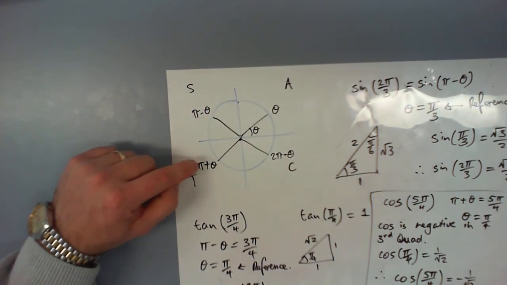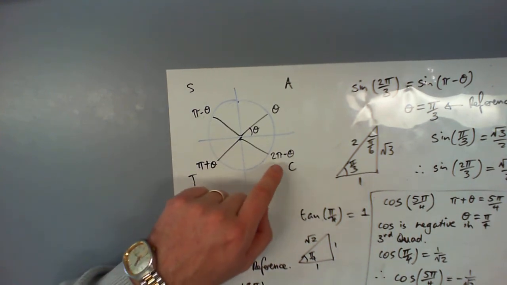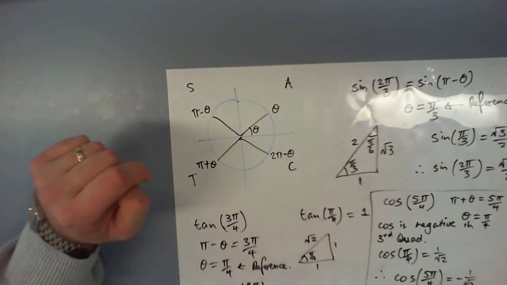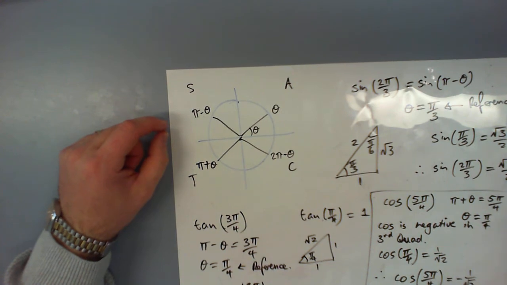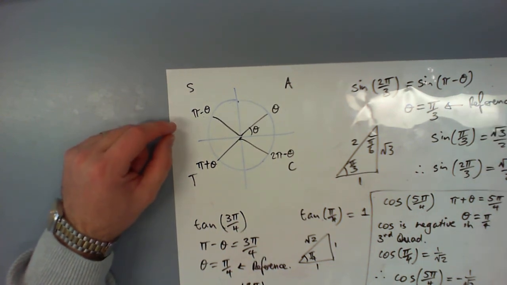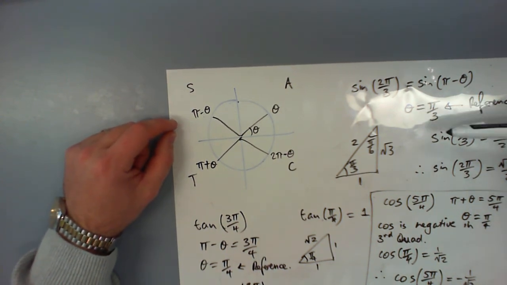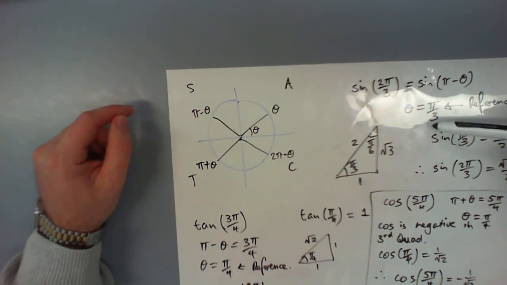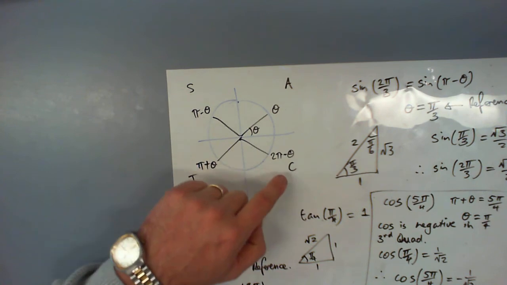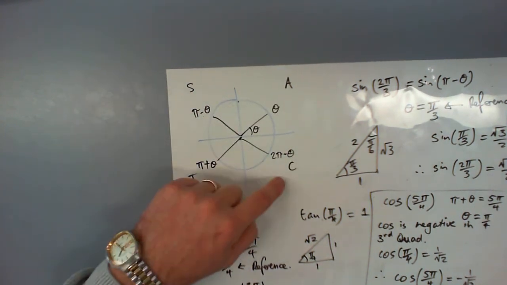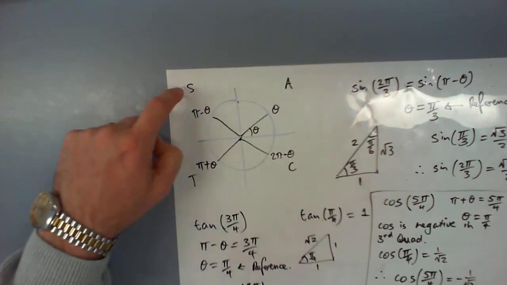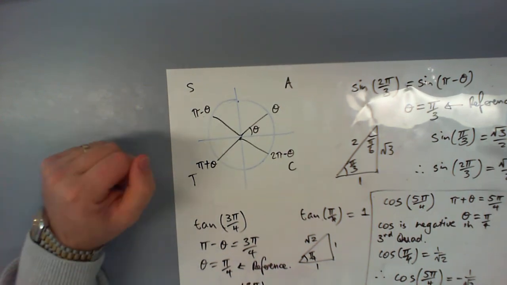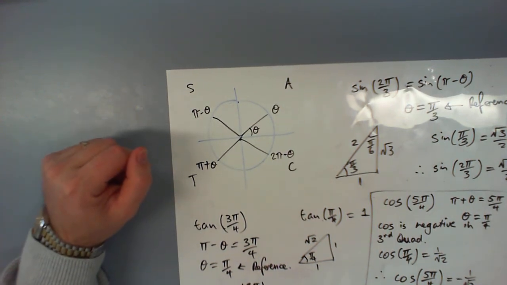Third quadrant, pi plus theta. Fourth quadrant, 2 pi minus theta. So we identify what quadrant we're in and what our reference angle is. We then take either sine, cos, or tan, whatever the question is asking us for, of that reference angle. Then we look at which function is positive based off CAST, to get whether our final answer will be positive or negative.